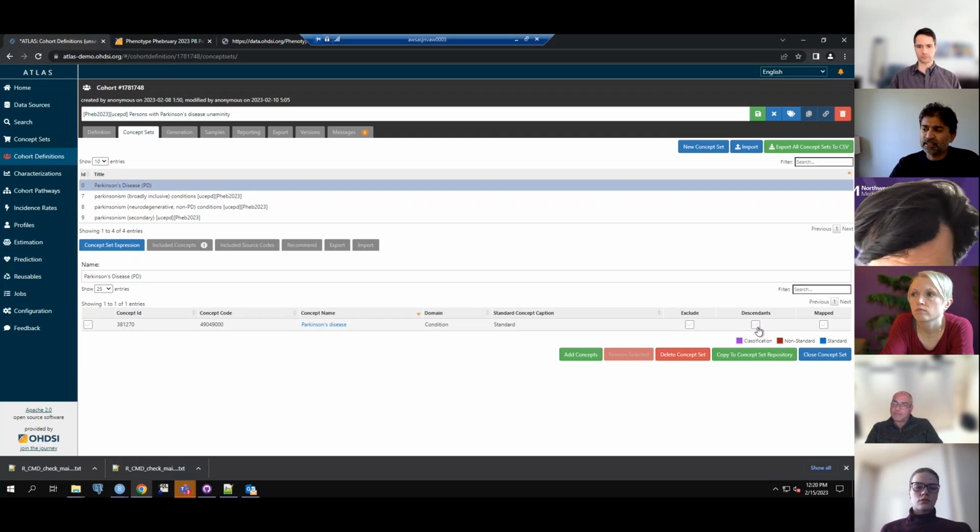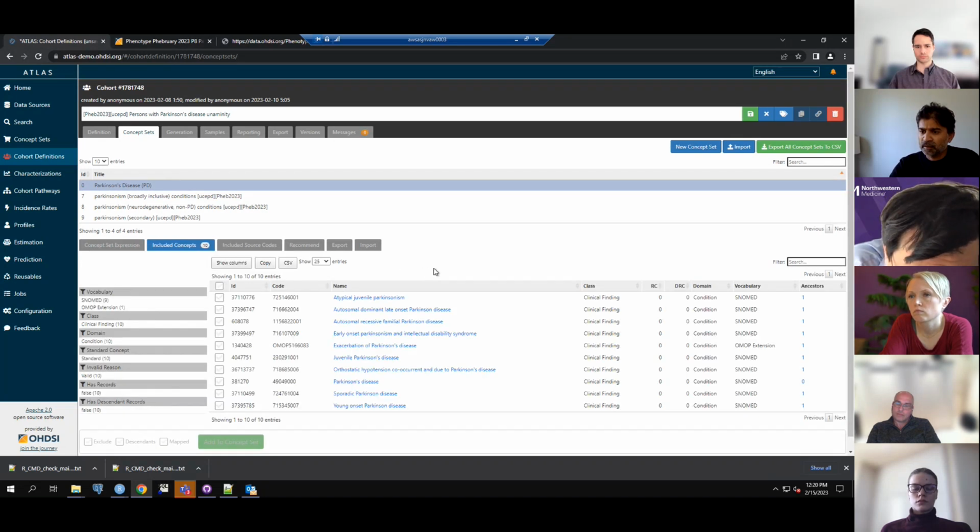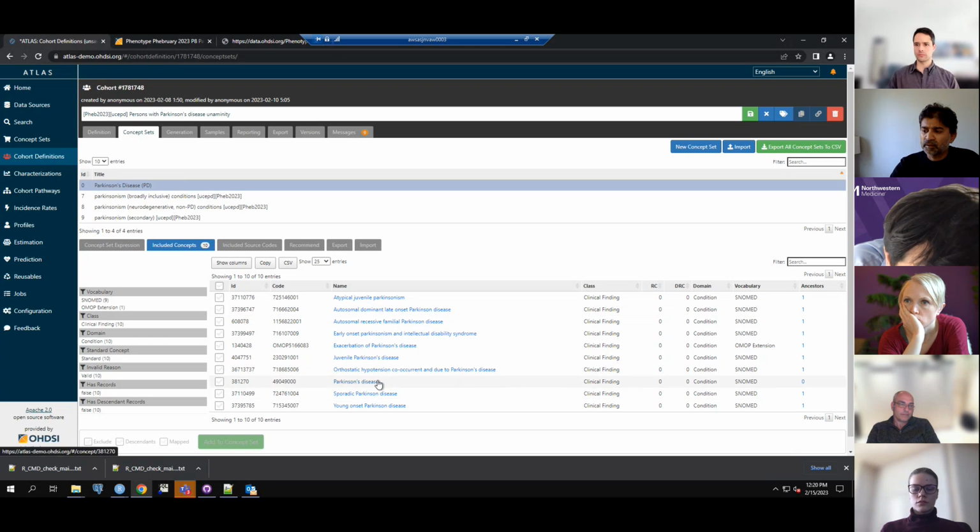So in terms of changes, wait, hold on, wait a minute. So this was my code, right? Correct. So I selected it as its own concept. If you go into the descendants, I would leave it off, because I think in all of these, except for that first one, you would expect that the Parkinson's code gets coded. The third from the bottom there, Parkinson's disease.